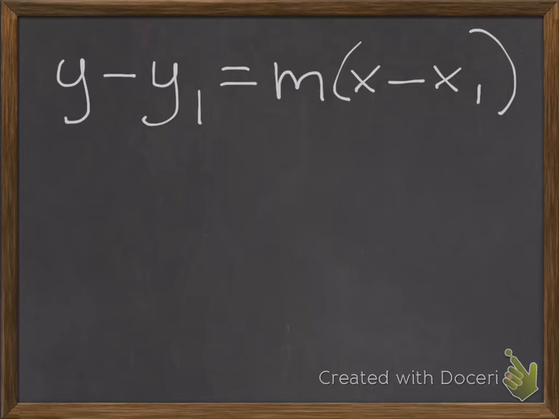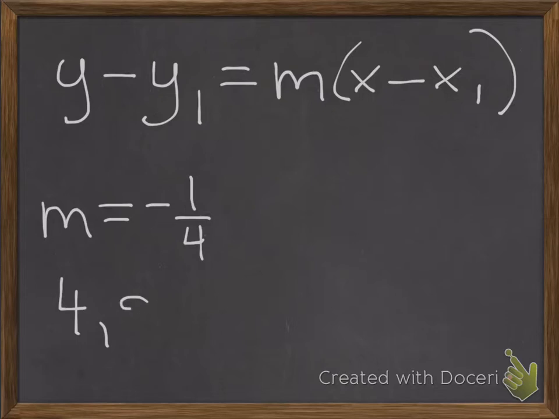So if our slope is negative 1/4, that's going to go in for m, and then our point is 4, 9. The 4 is going to go in for our x coordinate, which is the x sub 1, and the 9 is going to go in for our y coordinate, which is the y sub 1.